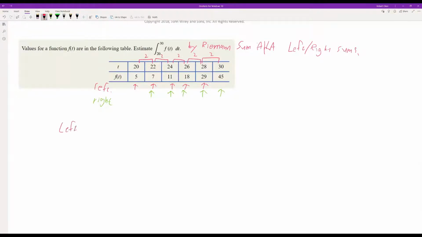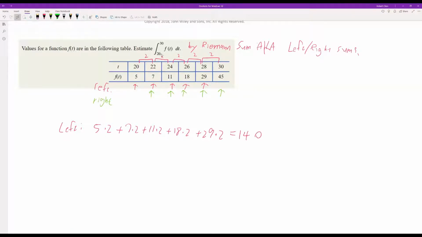The left-hand sum is going to be 5 times 2, the left value multiplied by the width of the interval, plus 7 times 2, plus 11 times 2, plus 18 times 2, plus 29 times 2, which will be 140.